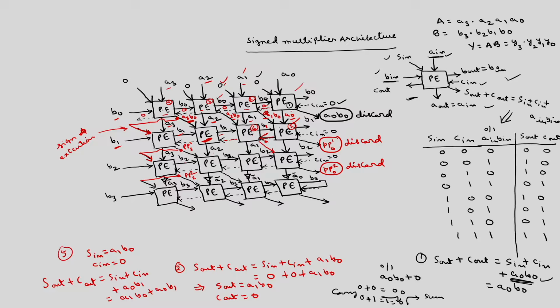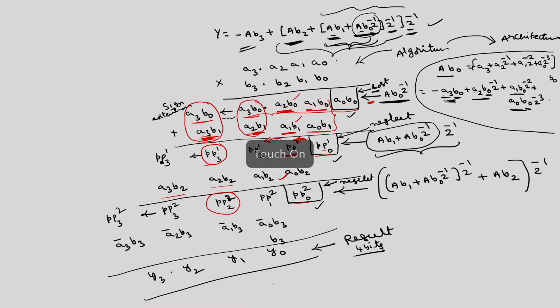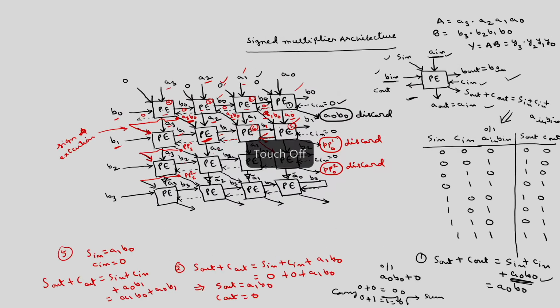So, the PP31 has to be added with two values, that is A2 B2 as well as A3 B2. Similarly, PP22 is A2 bar B3 and A3 bar B3.